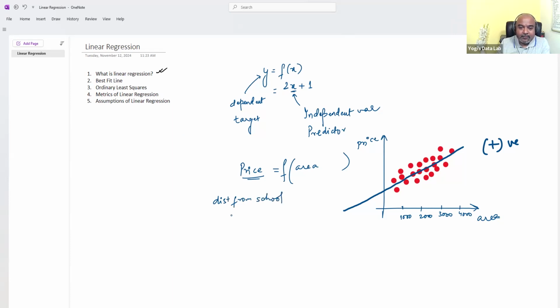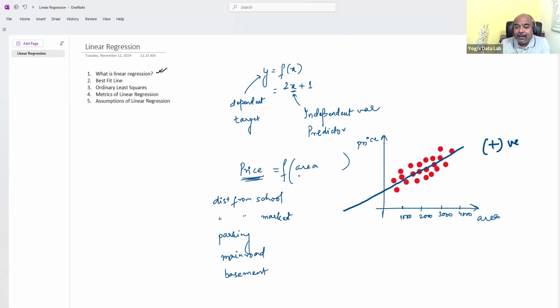You can also have distance from market. Does it have a parking or not? Is it by the main road or not? Does it have a basement or not? So there can be multiple things which could be contributing towards the price.